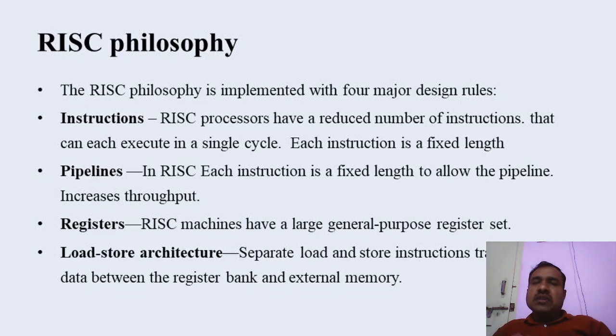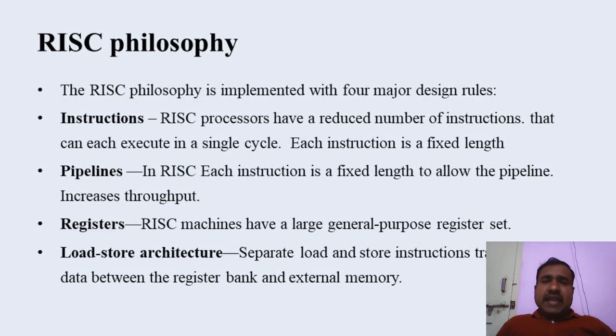This allows much higher throughput, so that speeds up the process. RISC is very much suitable for pipelining, whereas in CISC, since there are complex instructions, those cannot be brought into a pipeline so easily. So RISC is more suitable for pipelining.